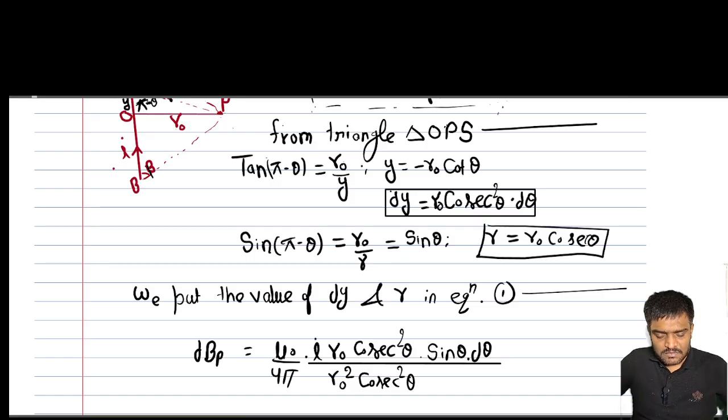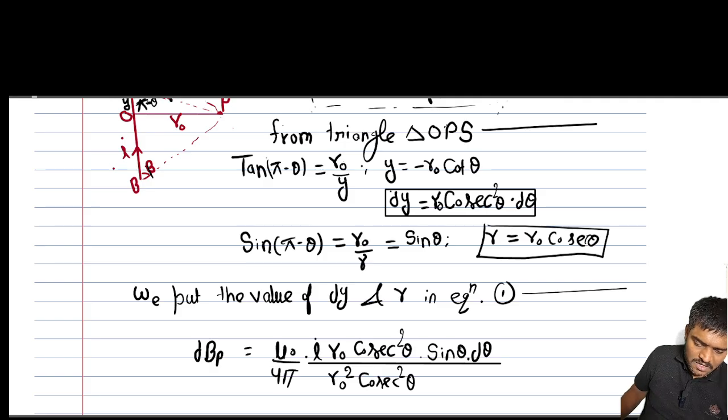Okay, this is the final expression. Cosec square theta cancels out, and one r naught cancels out.